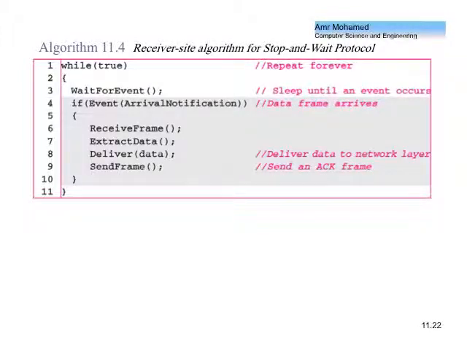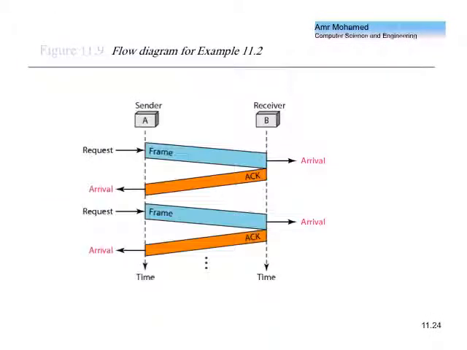So this is like in the timing diagram. When the sender receives the request to send, it will send the frame right away, and here it will wait. Wait for how long? Forever.